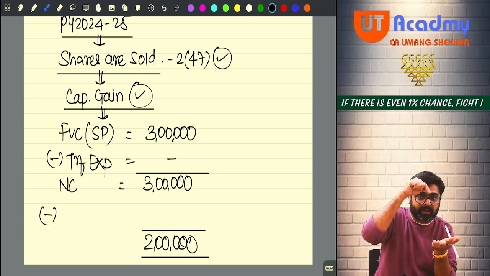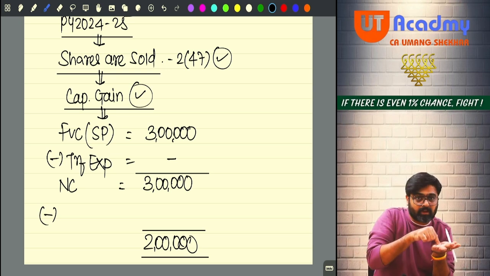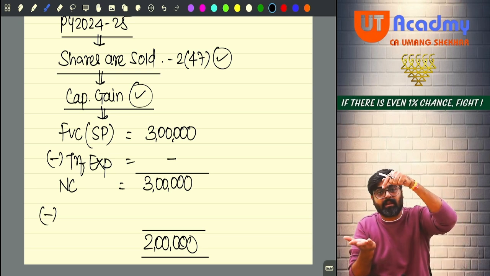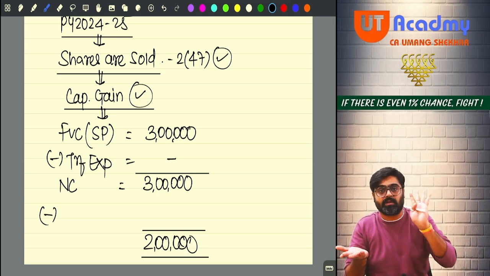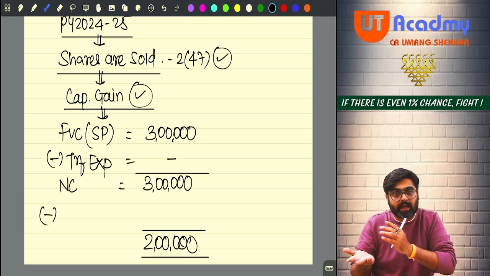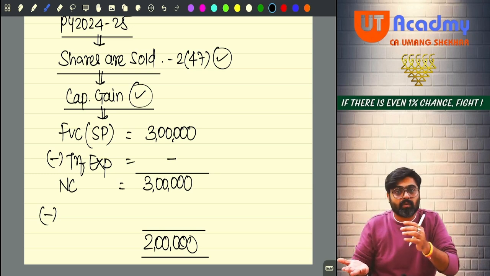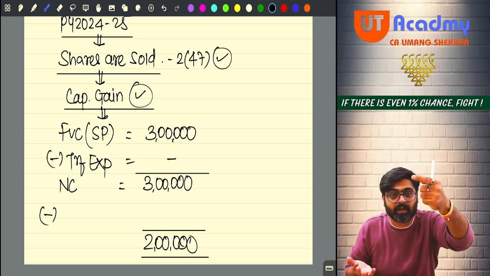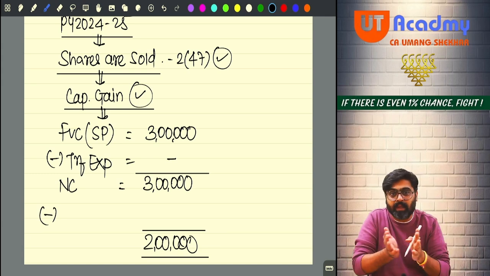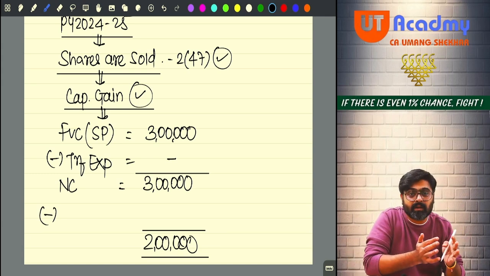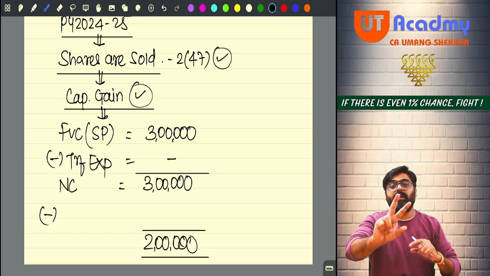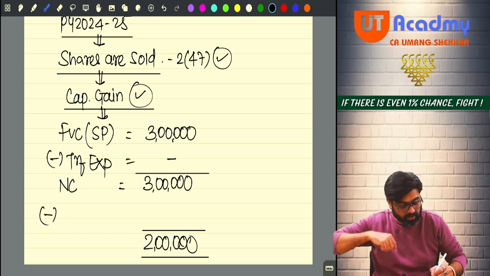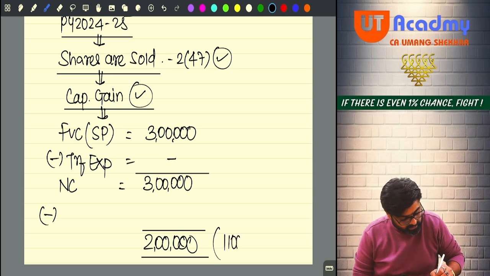The gain happening in the period when the asset was held as shares, and the gain happening in the period when the asset was held as bonds or debentures prior to conversion. So the gain happening prior to conversion, which was exempted, and the gain happening in the period during which the shares are held, both the gains, meaning 2 lakh, we want to charge. 2 lakh means 1,10,000 plus 90,000.